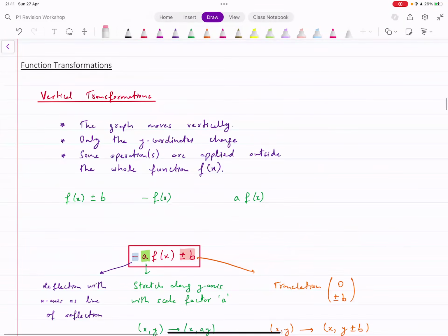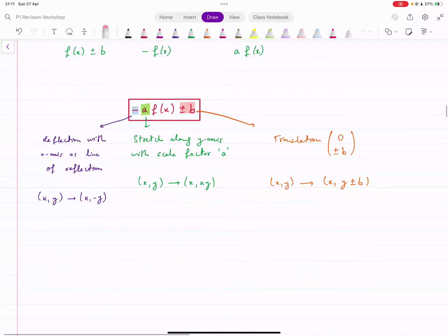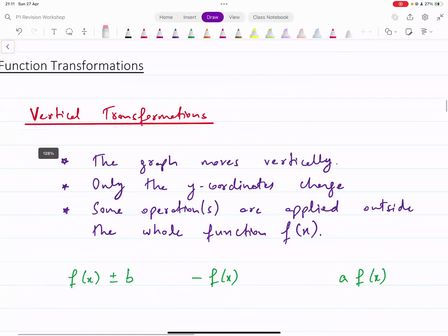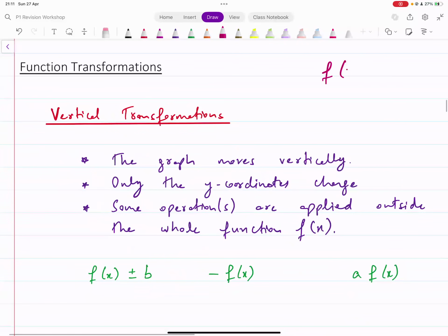Now, how is that relevant to functions, right? These are transformations. How do they relate to functions? So basically what can happen is you may have a function f of x and it can have something multiplied, or a minus sign multiplied, or something added or subtracted outside.